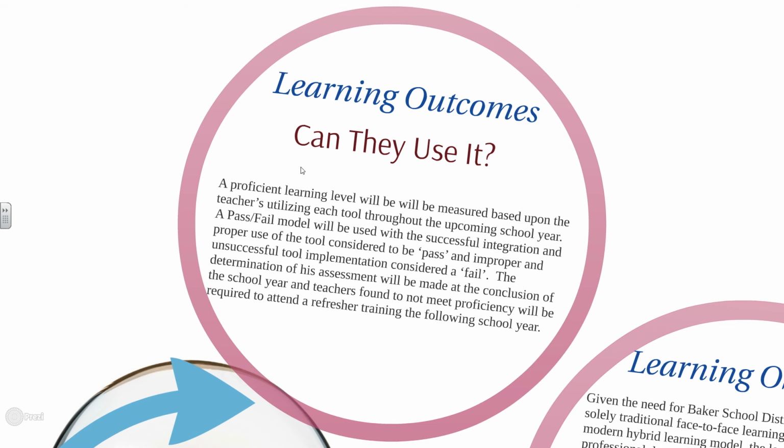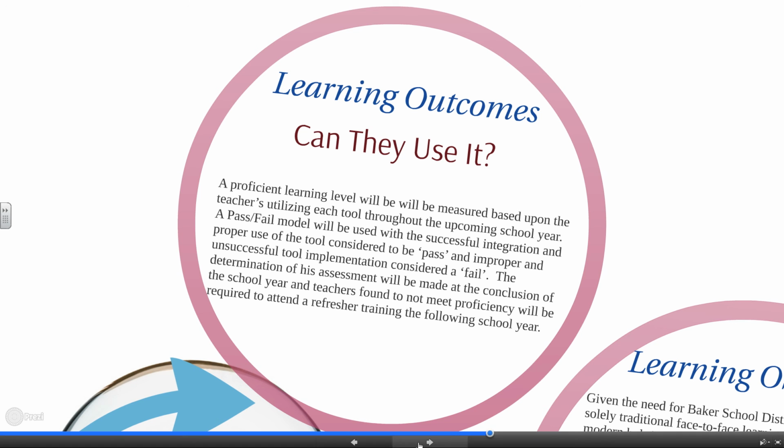I figured on a pass-fail model, with successful integration of the tools considered a pass, and improper, unsuccessful tool implementation considered a failing measurement. And if I have lower ability learners that aren't tech savvy or perhaps did not pass, they may be required to attend refresher trainings or additional training to help get them up to what we would consider proficient.